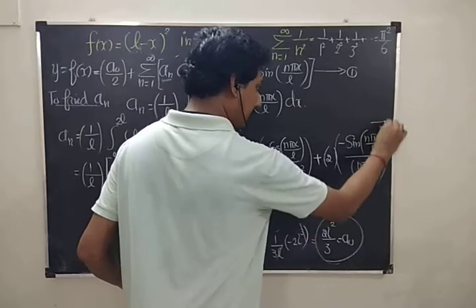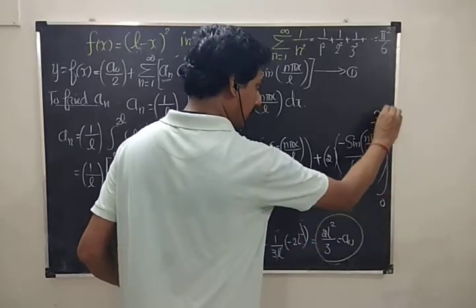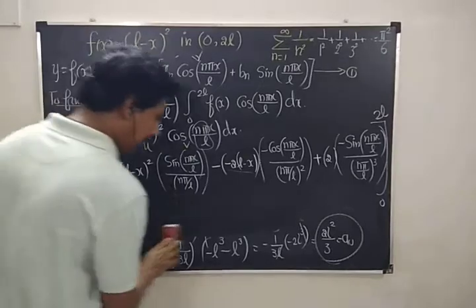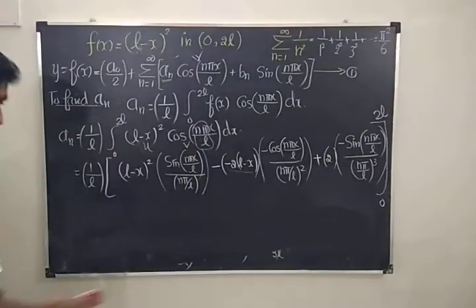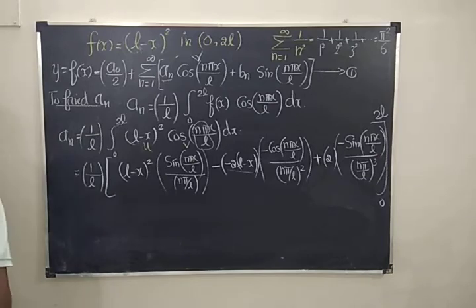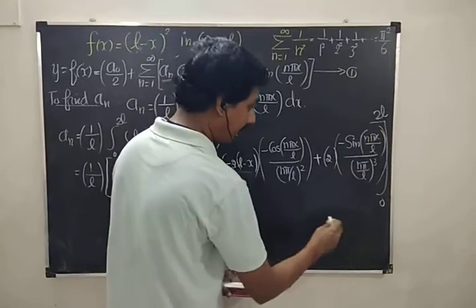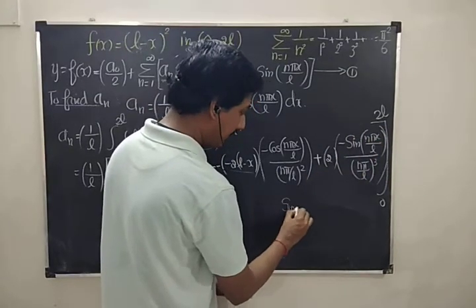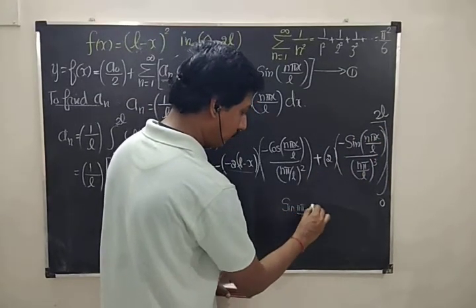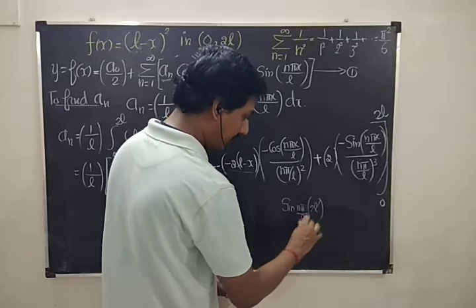So close the bracket, then the interval is 0 to 2L. So as I suggest you always, before going to the limits, please kindly check the limit values by putting 2L. See that sine of n pi by L into 2L. What we get? 2 to get cancelled.